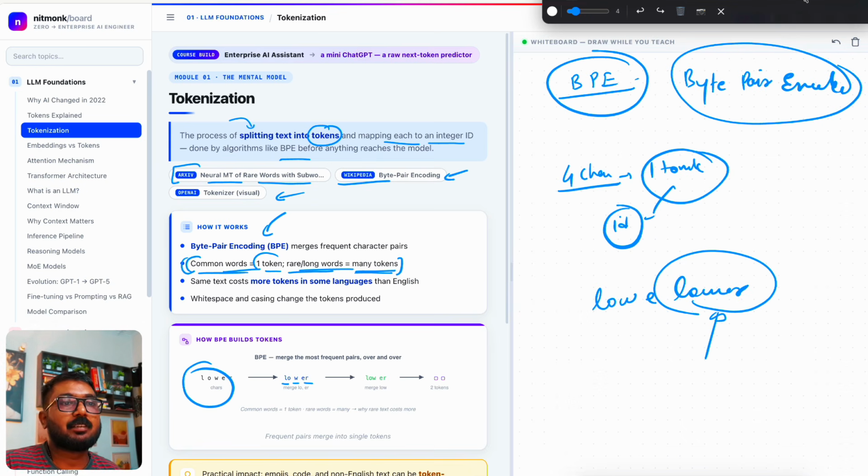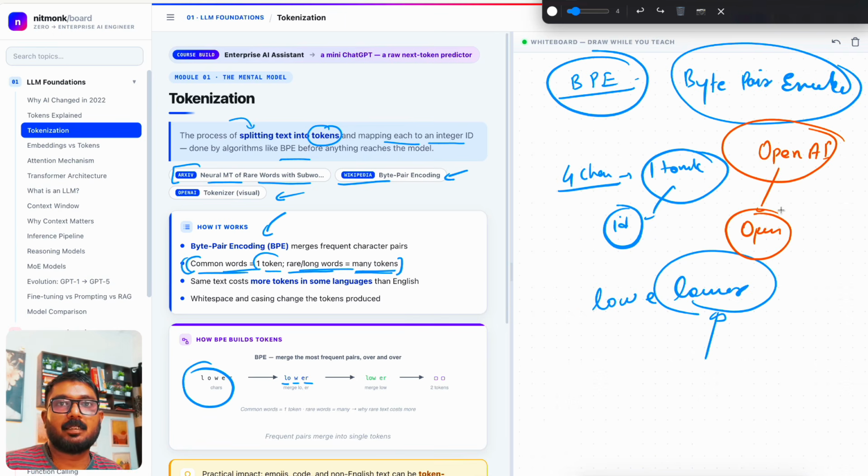Even if you take the word OpenAI, correct, OpenAI will be treated as two tokens, because as per byte pair encoding, open appears most of the time in the vocabulary that it has, and AI terms come most of the time in the complete vocabulary. So open will be a different token, AI will be a different token. So you can think about all those possibilities of different combinations of words.